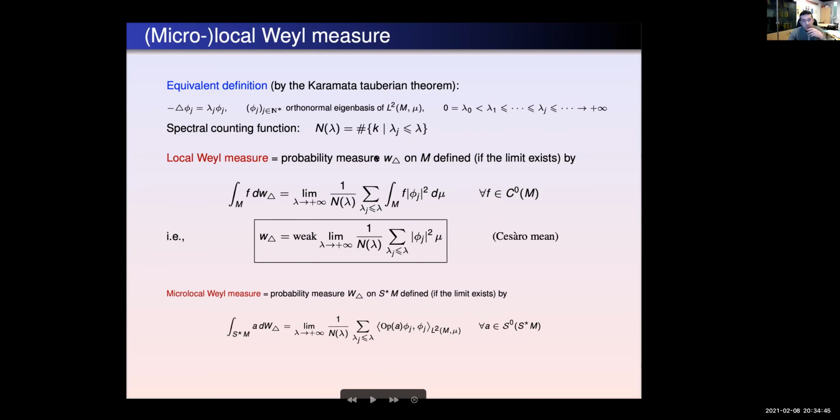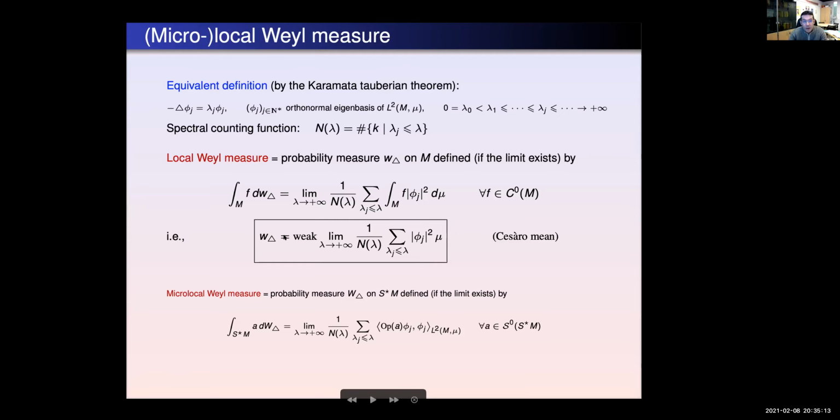By the usual Tauberian theorem, the local Weyl measure can also be equivalently defined as the weak limit of some Cesaro means. You take the Cesaro mean associated with the sequence of probability measures phi squared mu, and you obtain the same object.